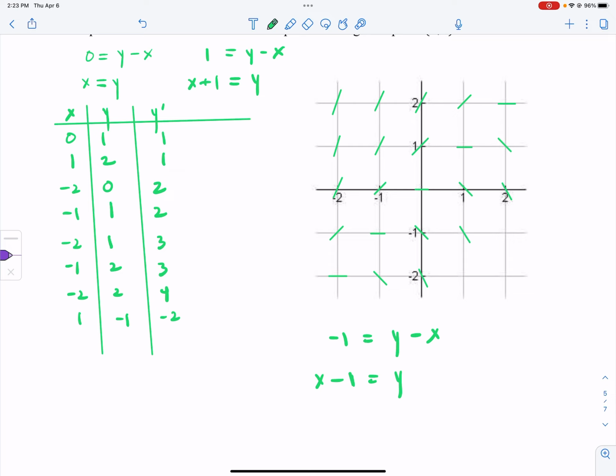So then 1, -2, almost done. That would be -2 minus 1, which is -3. And then 2, -1, that would be -1 minus 2, so that'll also be -3. And then 2, -2, that would be -2 minus 2, which is -4.